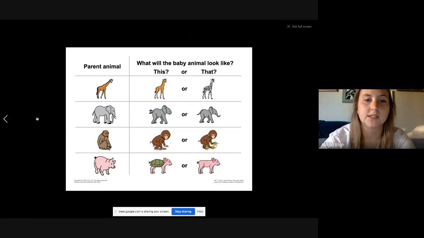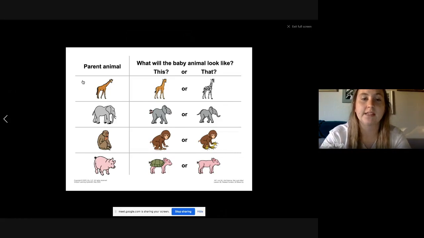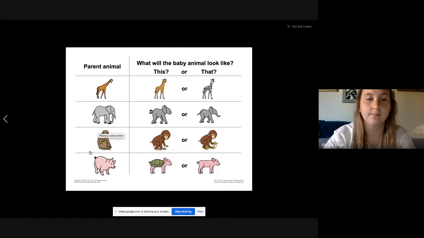The first paper in your packet is a chart, and this can be very simple for most of you, but it's just good practice to pay attention to details, okay? On the left side here, we have the parent animal, so that is either the male or the female parent.